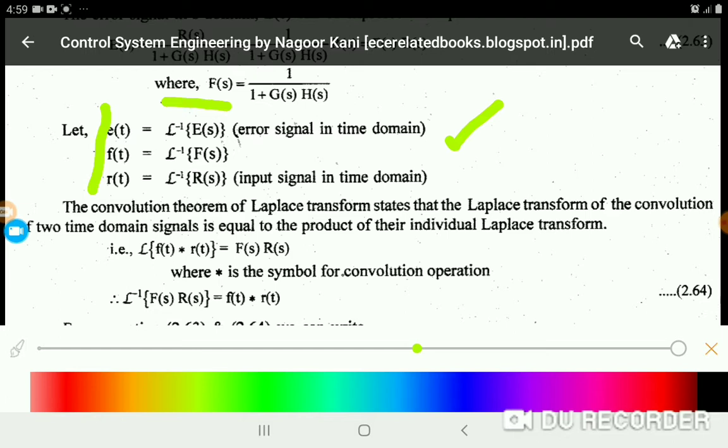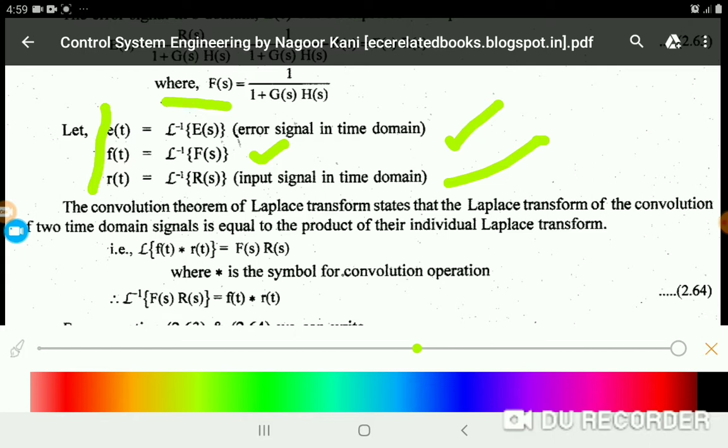Similarly, f of t in time domain equal to Laplace inverse of s domain f of s. Similarly, R of t equal to Laplace inverse of R of s. Now we have the S domain and the time domain signals.